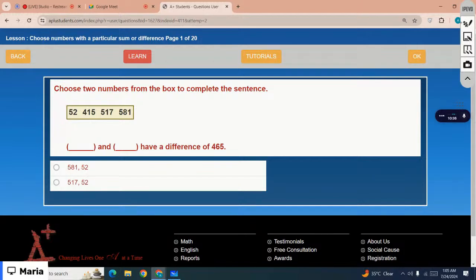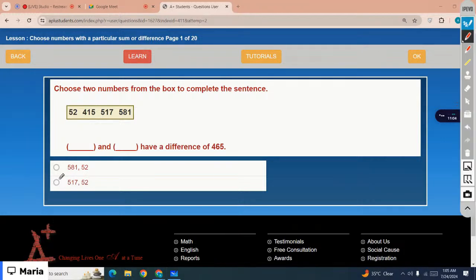Okay, choose two numbers from the box to complete the sentence. Dash and dash have a difference of, sorry, 465. You have to select two numbers that when subtracted have the difference 465. You are given two options, 581 minus 52 and 571 minus 52, right?